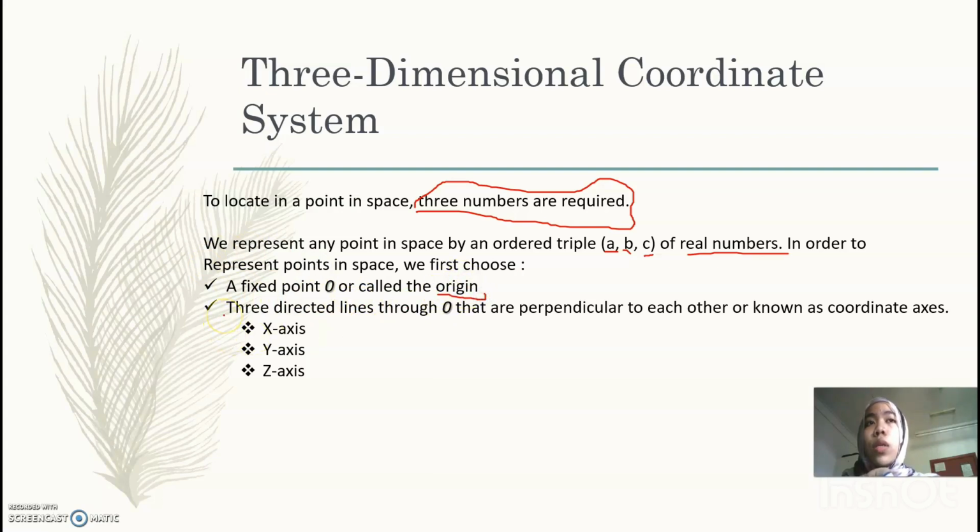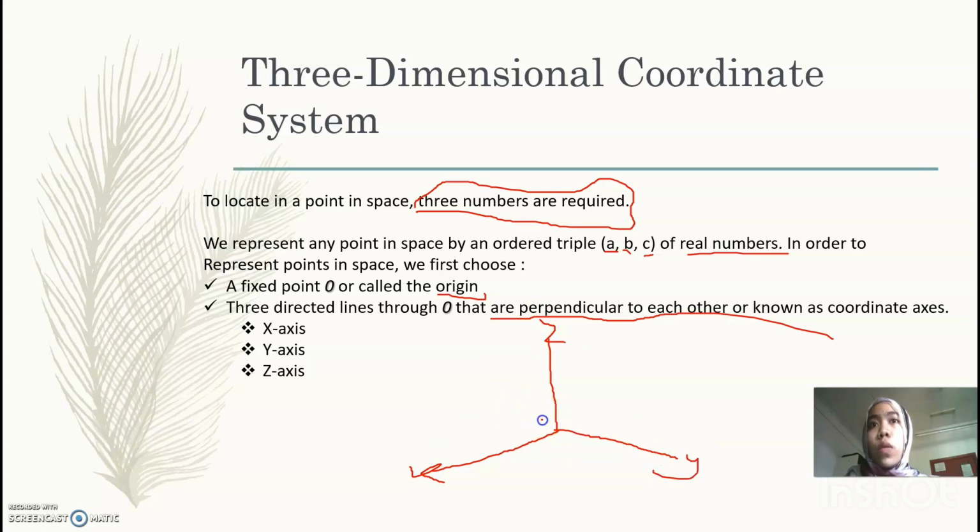Then we need 3 directed lines through O that are perpendicular to each other, known as coordinate axes, which are the x-axis, y-axis, and z-axis. So simply we will get this kind of graph. This is the x-axis, this is the z-axis, this is the y-axis, and the origin will be here.